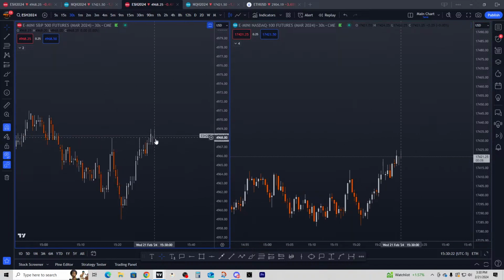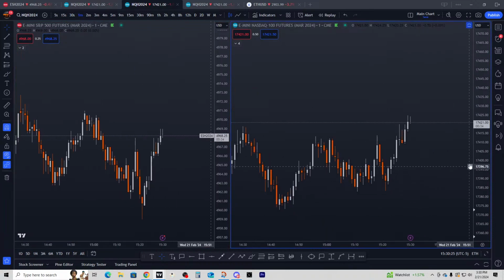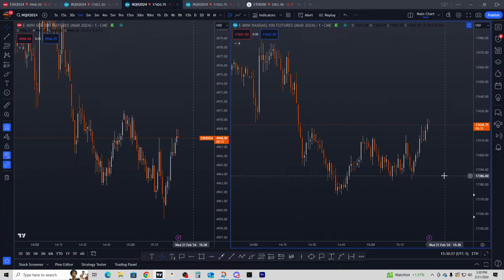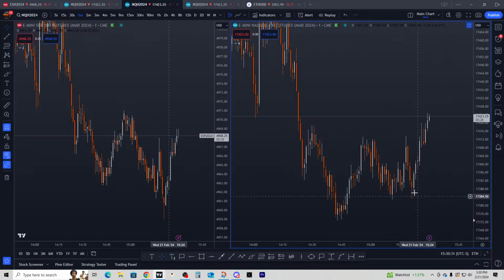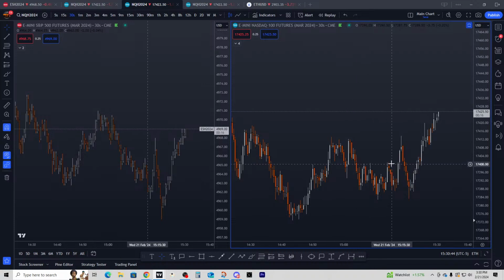Breaker. I didn't really see an inversion I liked. I mean, we created this SMT down here. We shifted. And I used this potential breaker when we inverse this 30-second, and then we pulled right back down.